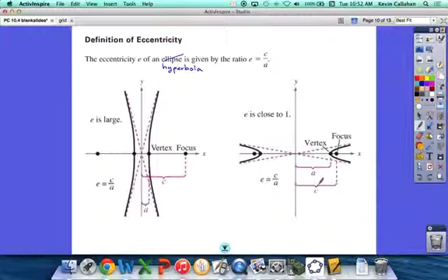And you see what that makes those look like? Much skinnier than that. So that's eccentricity. I don't even remember if they asked for eccentricity, but if they do, you just do the same thing, C over A.